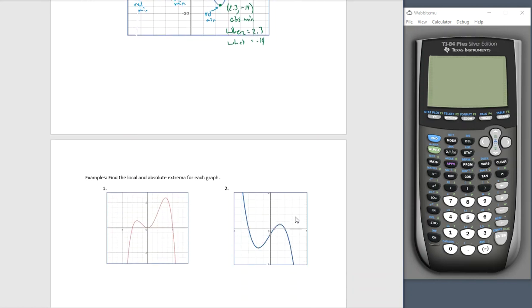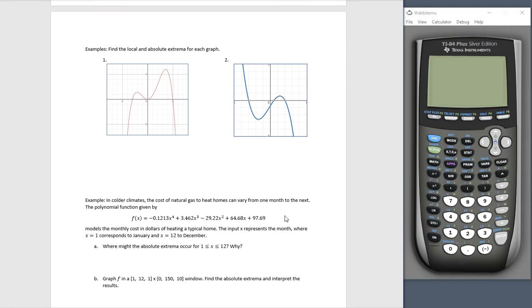Okay, so let's do it again. Let's find the local and absolute extrema for each graph. First, I'm going to find the local extrema. Okay, this graph continues forever down. So locally, I have a local max. I'll use a capital M. I have a local max.